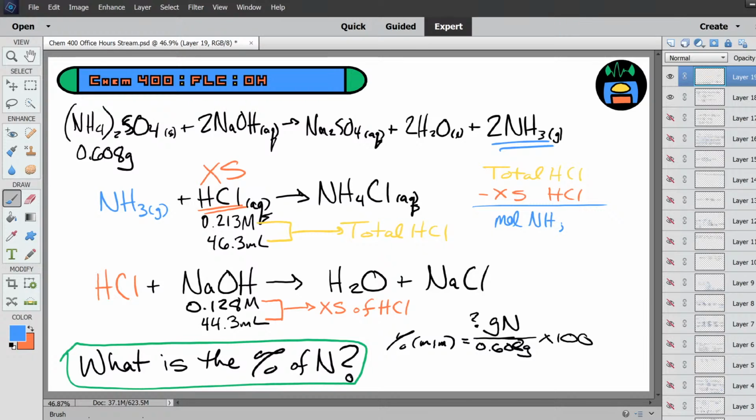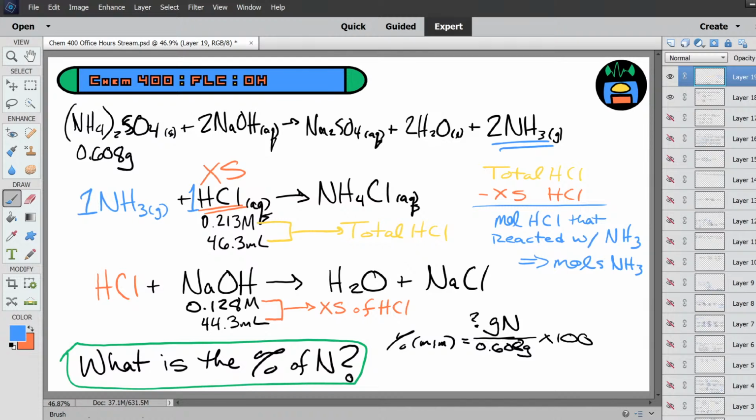Technically, it's the moles of HCl that reacted with NH3. But you can see here that this is a 1-to-1 mole ratio. So it, for all intents and purposes, gives us the moles of NH3.